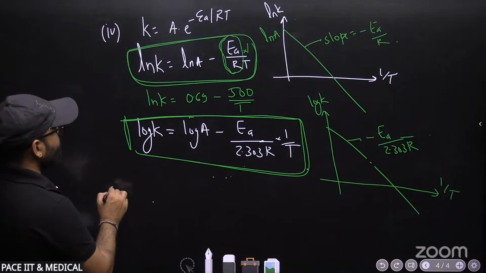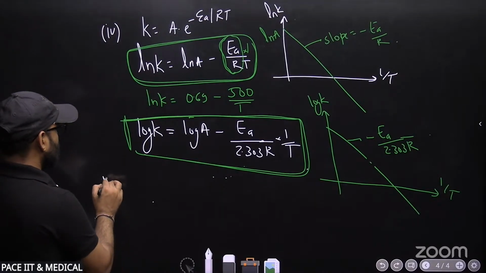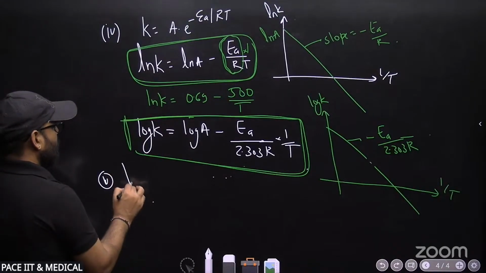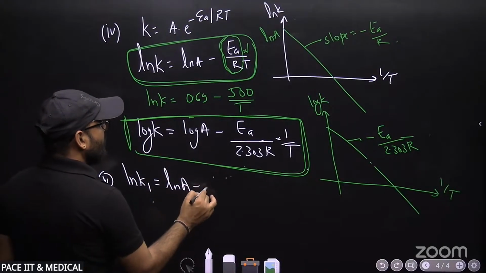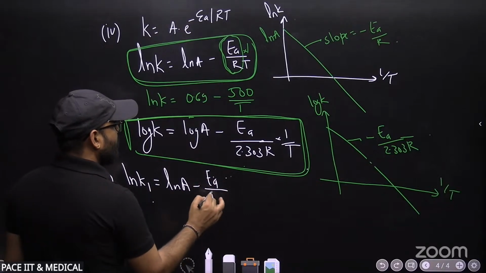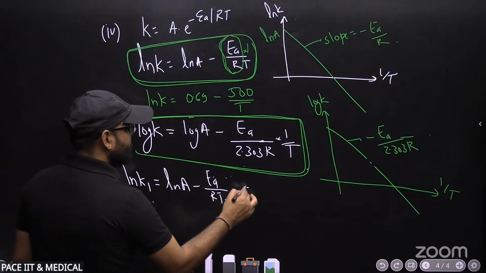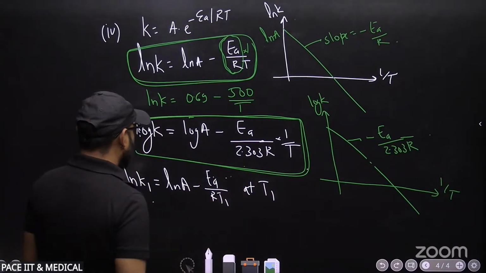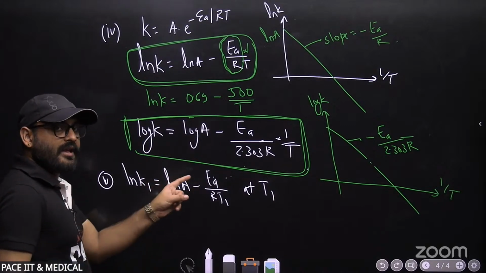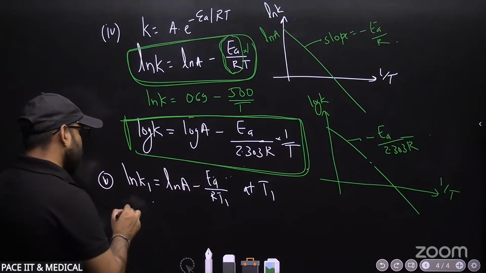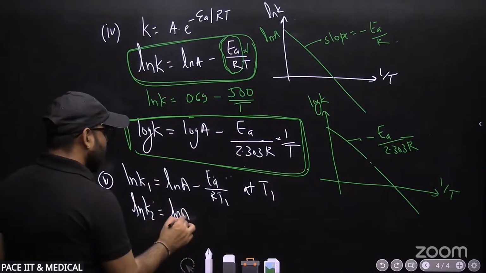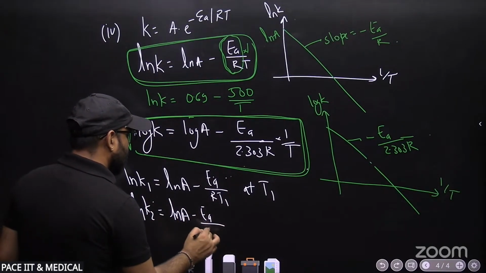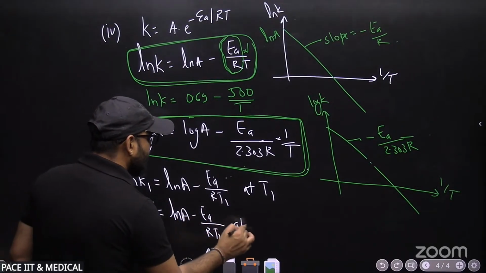One more thing. ln K1 equals to ln A minus EA upon RT1. This is at T1. Why I'm not changing A and EA? Because A and EA are temperature independent. ln K2 equals to ln A minus EA upon RT2. This is at T2.